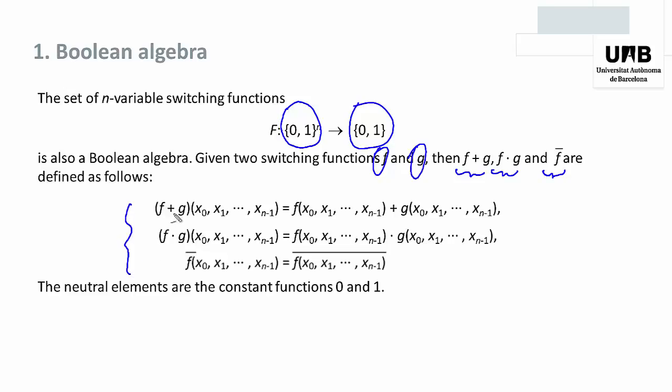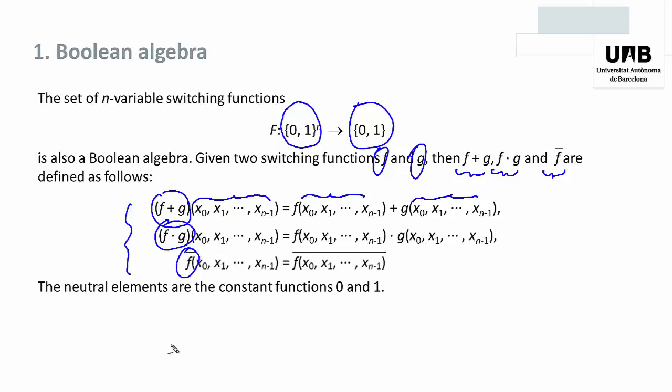We say that function f plus g, for example, at point x0, x1, and so on, is equal to the value of f at this point plus the value of g at this same point. The same in order to define the product of f by g, and the same in order to define the complement or the inverse of f.